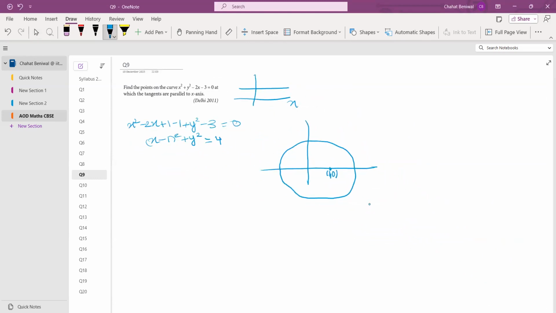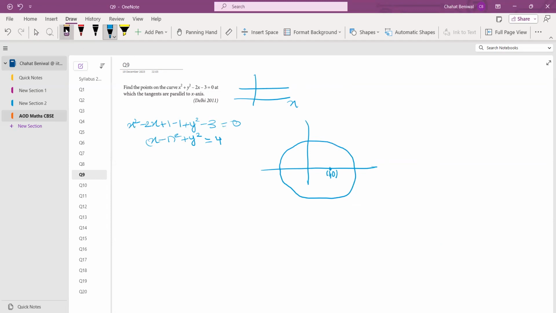Okay. So this is the circle. So now we need to find the points on the curve at which the tangent is parallel to the x-axis. Firstly, I would like to draw this circle again.